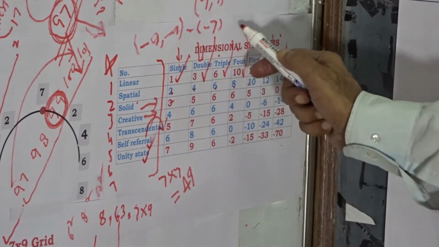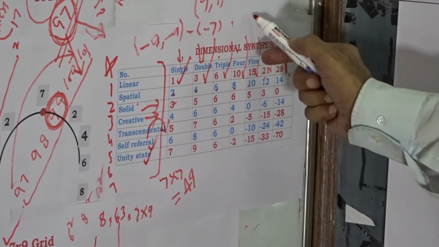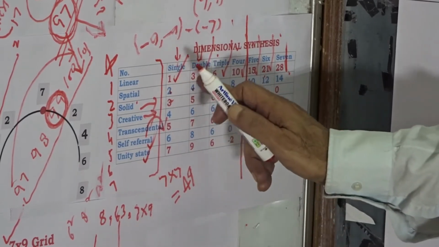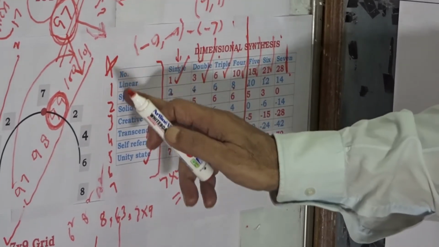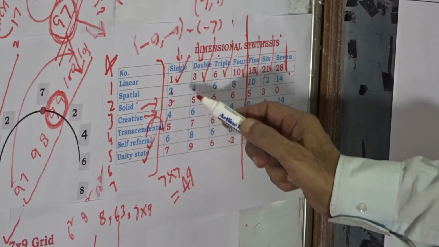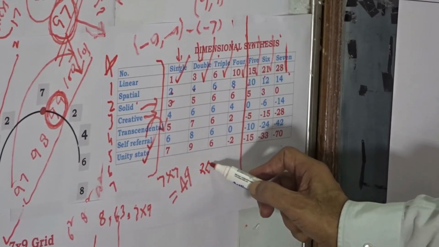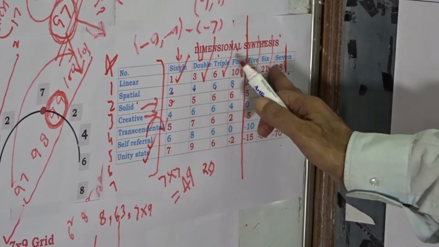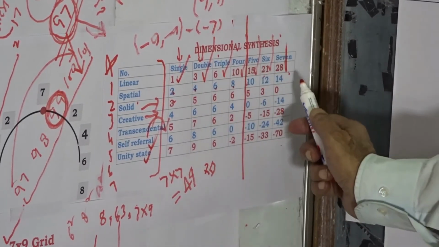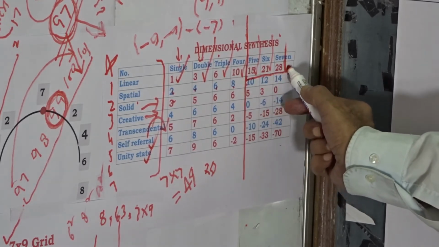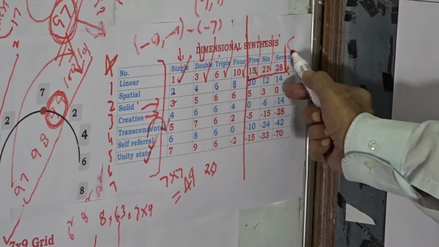Let us see that if we have an addition, summation value of the single, double, triple and quadruple dimensions of linear to unity state, we see in all these cases the value comes to be 20. And ahead we know this value comes to be 64.